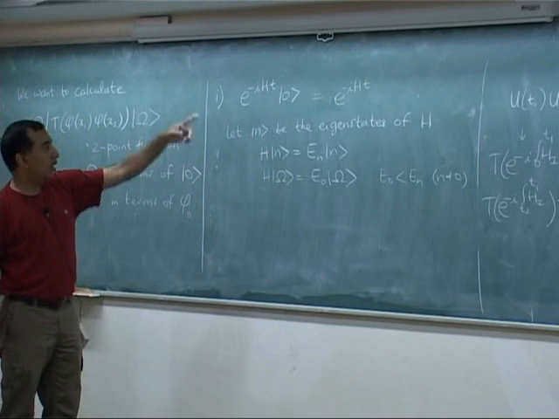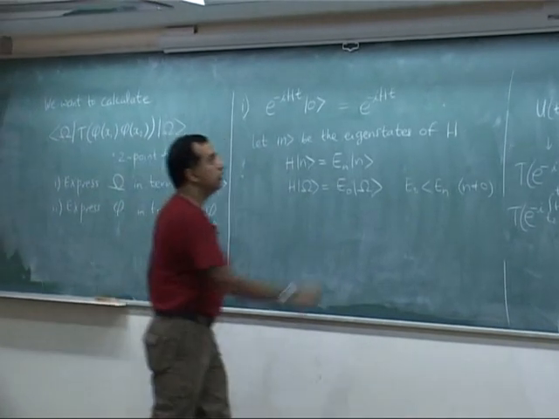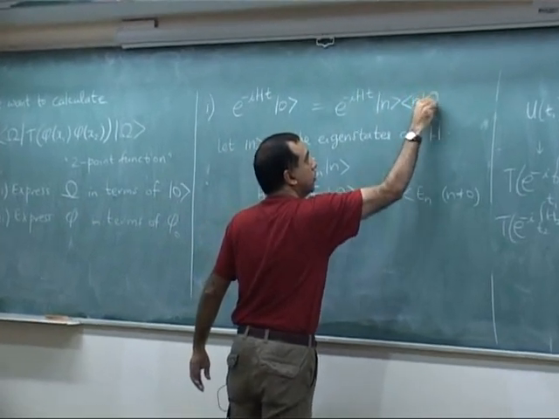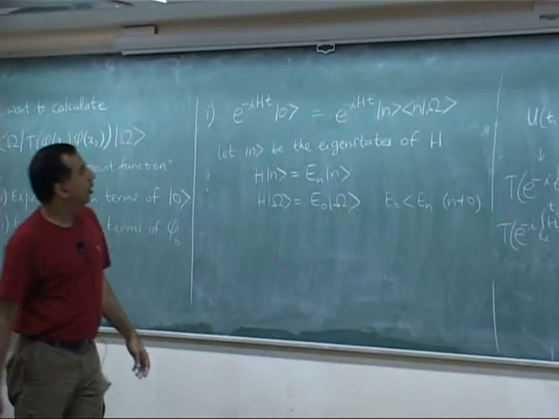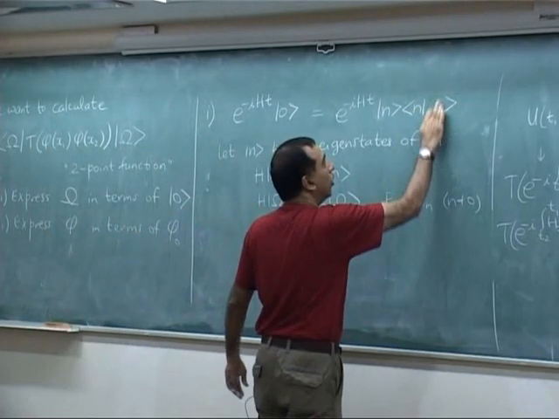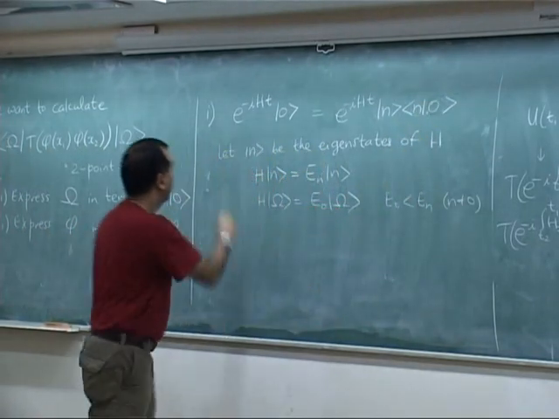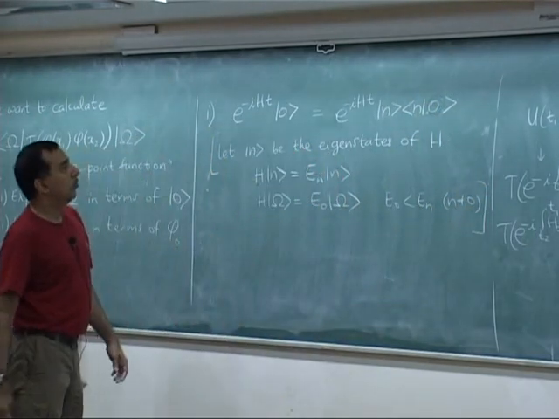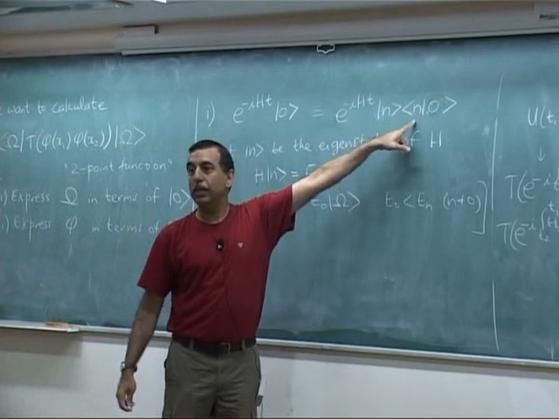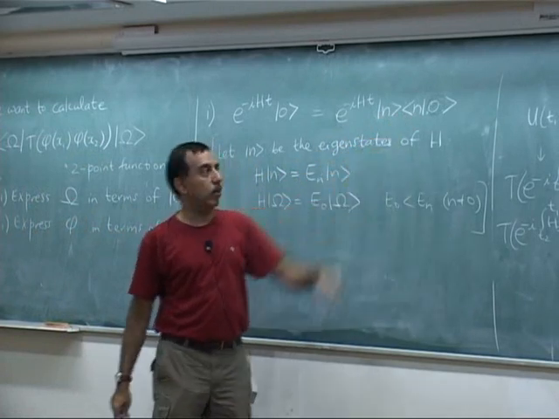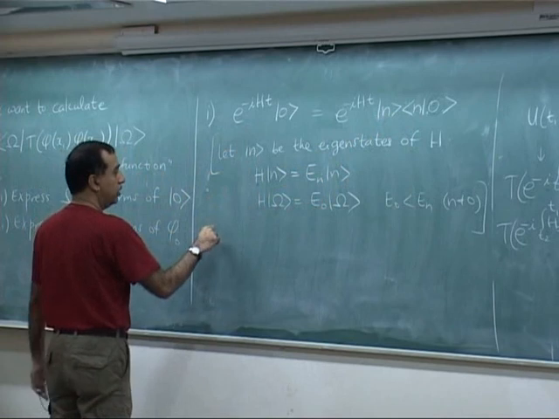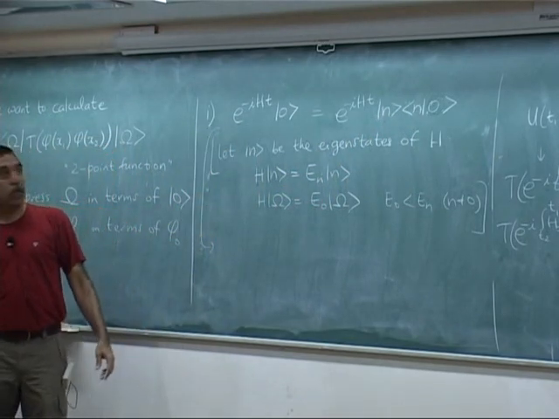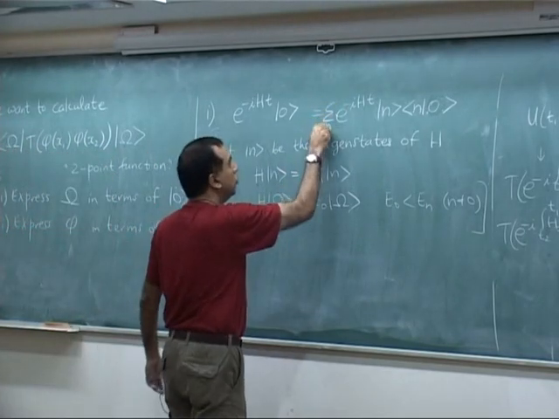Okay, so now I can write this by inserting a complete set of states, |n><n|, of H, because this thing is 1 by completeness. Now let's work out what that is. The sum over n of course is implied, yes, thank you.